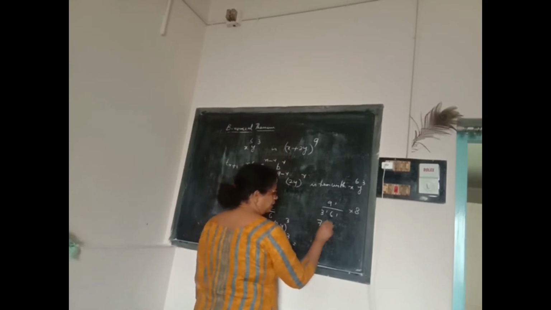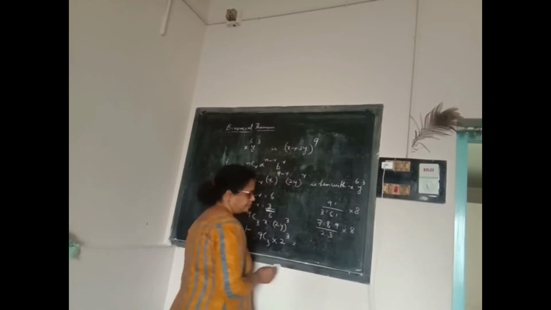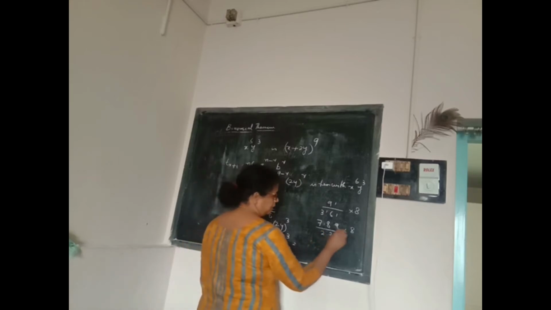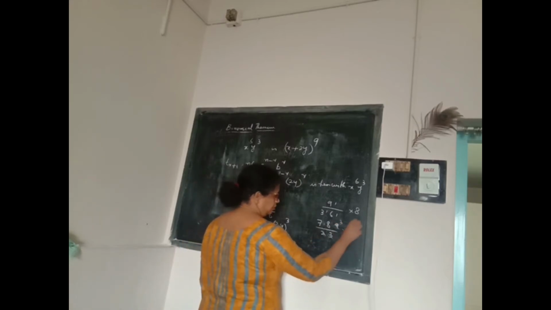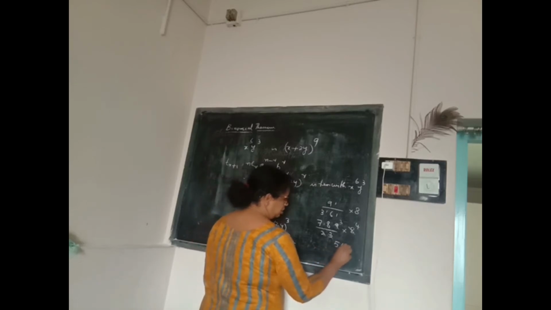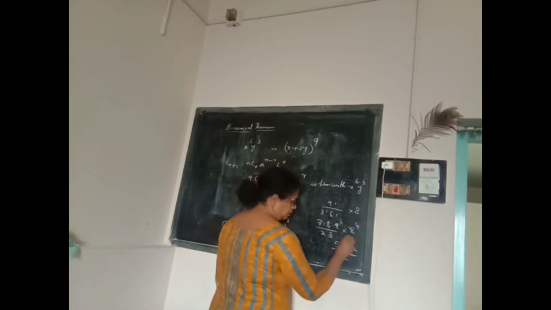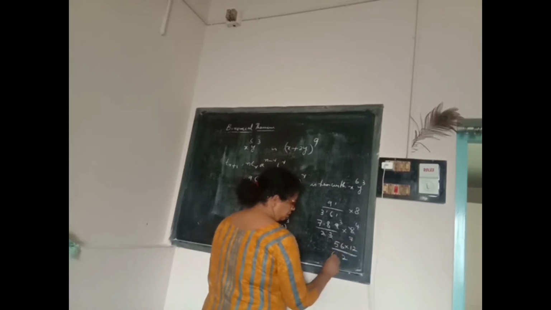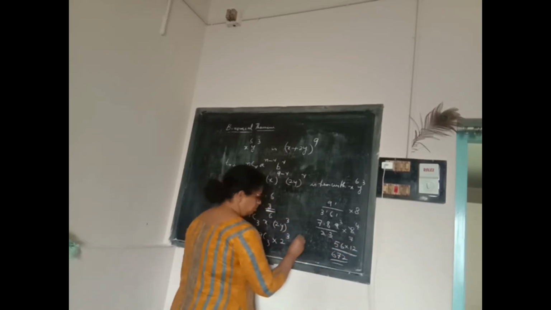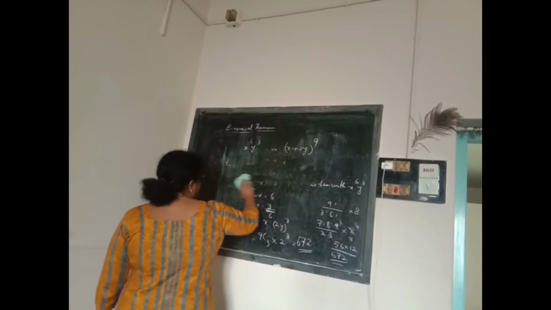So 7 into 8 into 9 by 3 factorial, that is 2 into 3 into 8. The answer is 670.